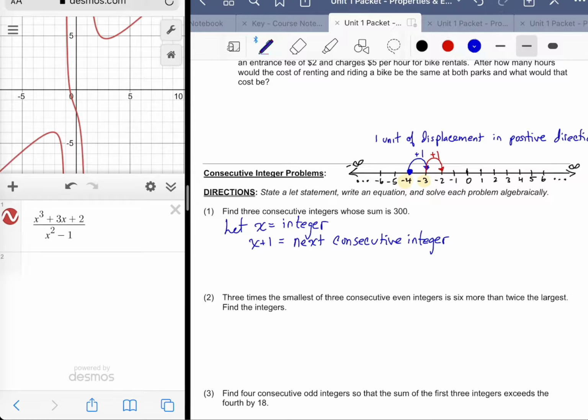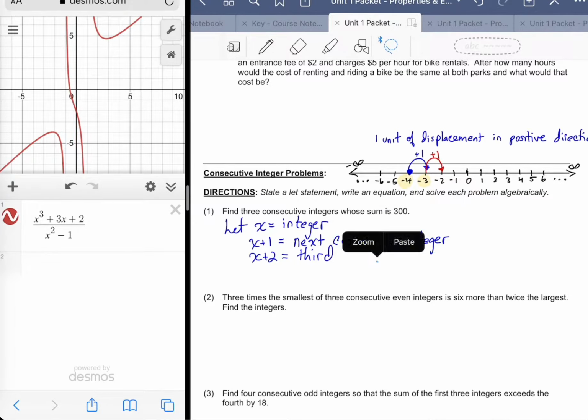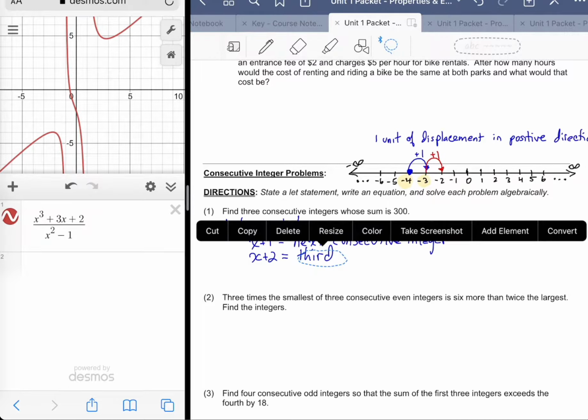Either way, I should come up with x plus 2 as my next consecutive integer, or I could say my third consecutive integer. However you want to say it, like I said. I'll say third this time. You could say, actually, it sort of makes sense to say last. I said next, so last makes more sense.